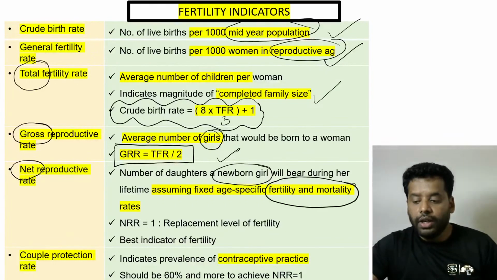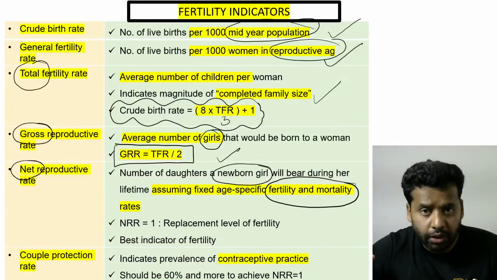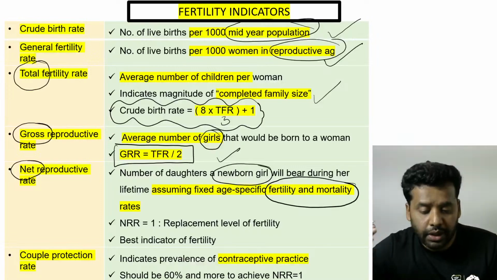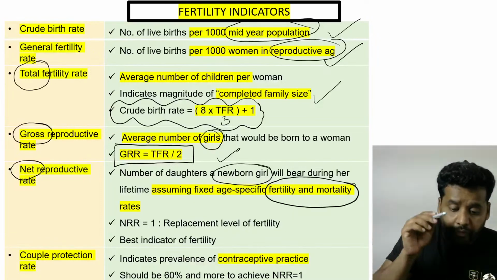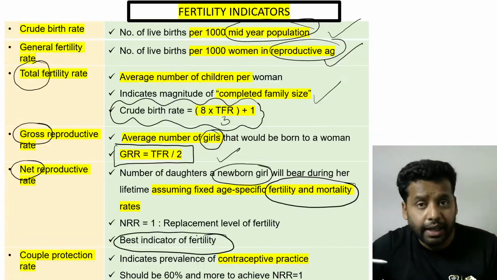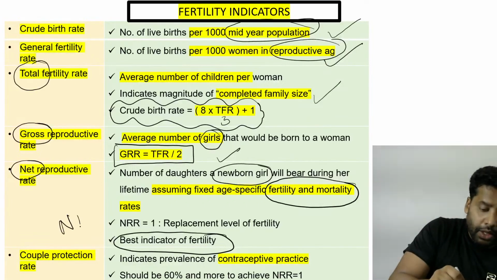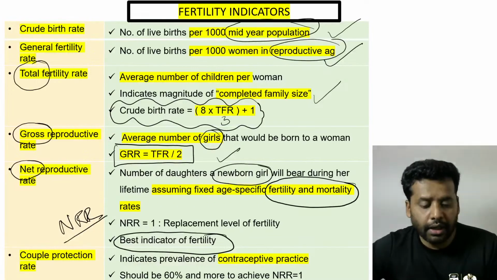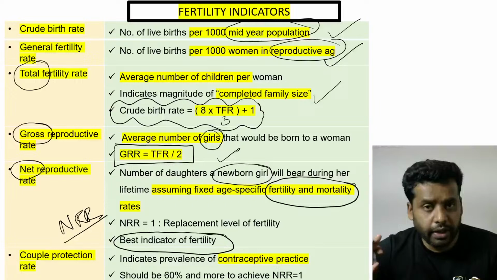A newborn will live till that limit or not, that is what we are checking first. She has to attain that reproductive age, then only she can conceive. Which fertility indicator is the best out of everything? It is NRR, where you consider both fertility and mortality together. NRR. Keep this in mind, very important.